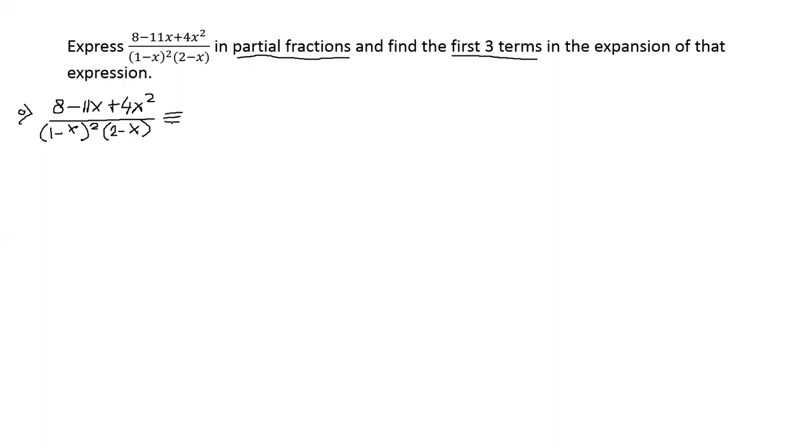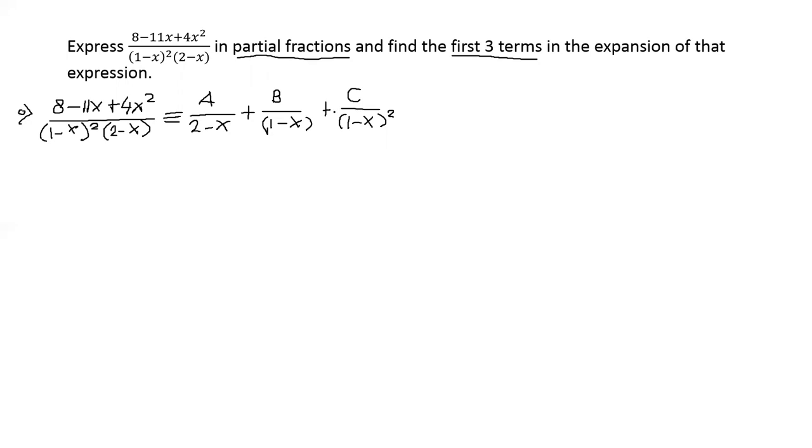According to partial fractions, if the denominator is like this, you have to set the partial fraction according to this rule: a over 2 minus x, plus b over 1 minus x, and then c over 1 minus x squared, like this.